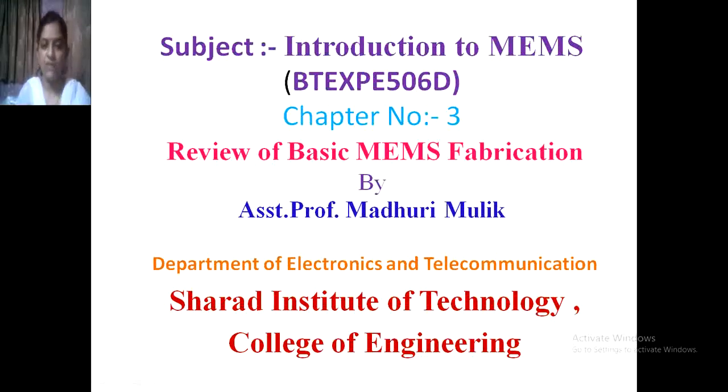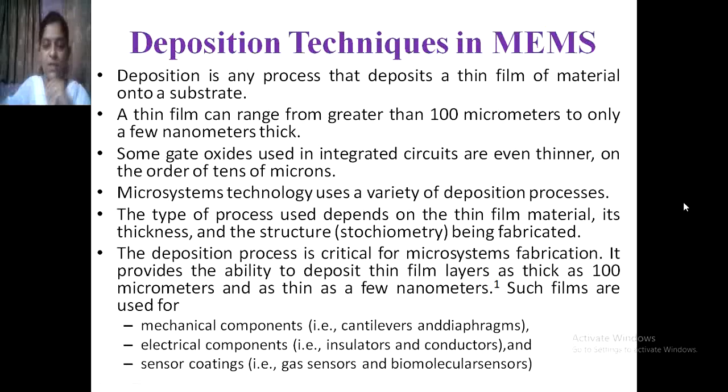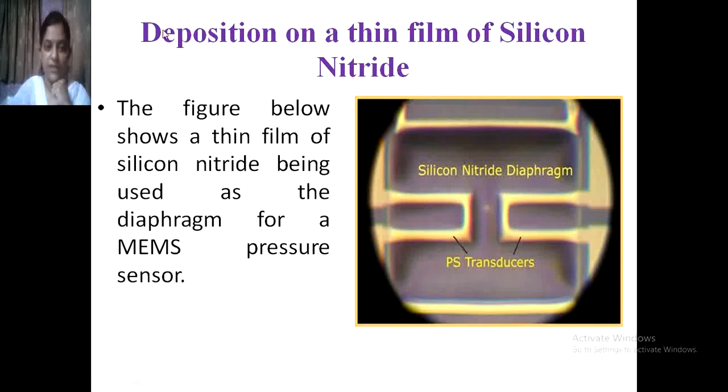So let us take a review of what we completed in the previous session of chapter number 3. We covered deposition techniques in MEMS. One example we took was the MEMS pressure sensor, which is the deposition of a thin film of silicon nitride.